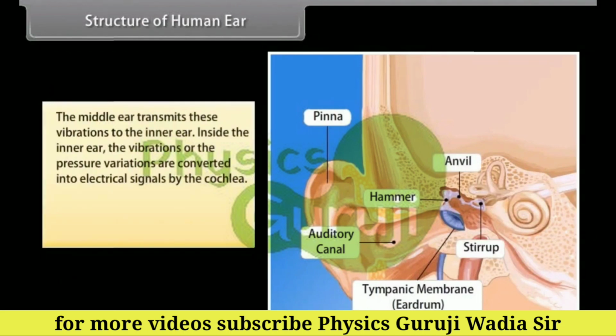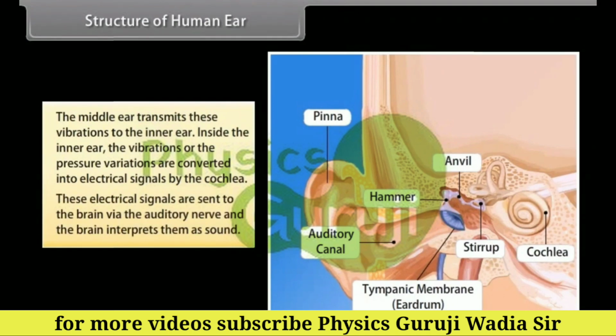The middle ear transmits these vibrations to the inner ear. Inside the inner ear, the vibrations or the pressure variations are converted into electrical signals by the cochlea. These electrical signals are sent to the brain via the auditory nerve, and the brain interprets them as sound.